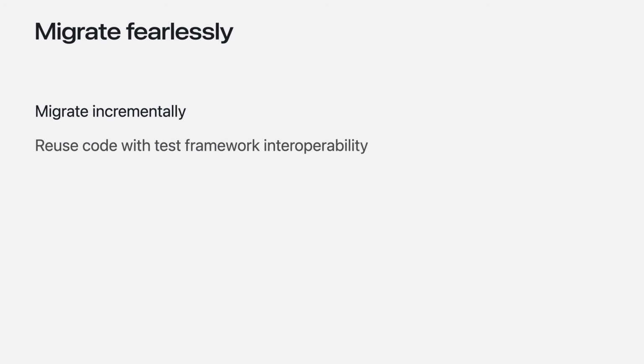Wow, we covered a lot. So, in summary, here's how you can migrate fearlessly to Swift Testing. Don't feel pressured to modify your XCTests until you're ready. Focus on writing new tests using Swift Testing. By relying on interoperability, you can even reuse your helper code, which wraps XCTest API.